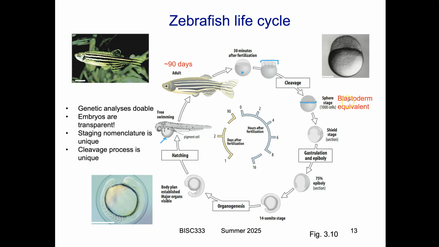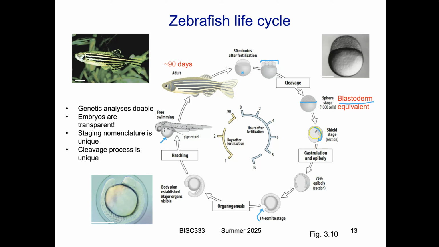So the sphere stage is basically the blastoderm stage, and then the shield stage is when the cells have to grow down and around, and the idea is you have to enclose that yolk so that it's inside, and then the little embryo is kind of arranged outside of it.